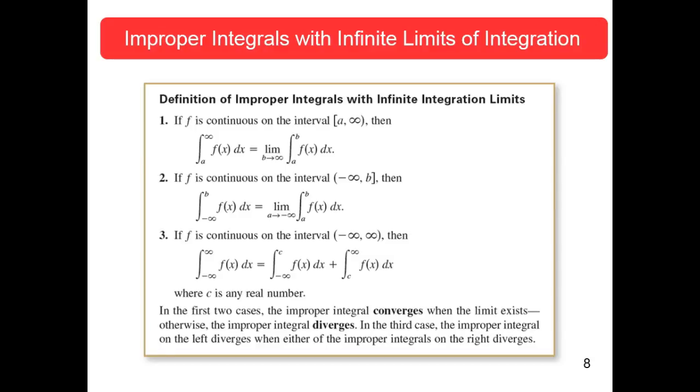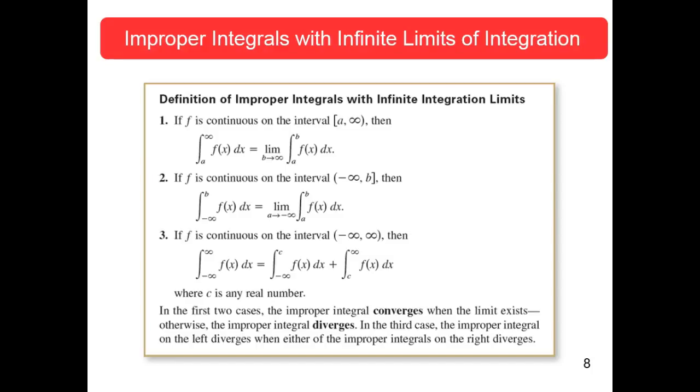Okay? If f is continuous on the interval from minus infinity to b, whatever that would mean, you can replace the minus infinity with an a and let a approach negative infinity. Then if you can do this integral, and when you plug in a minus infinity you don't get something that blows up, then that integral works.